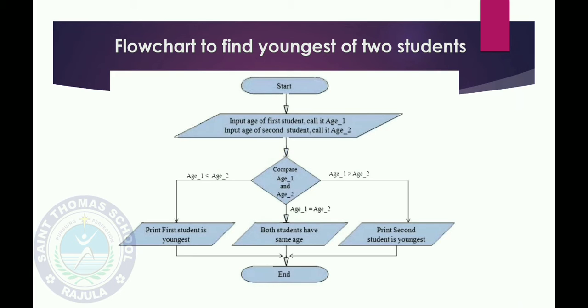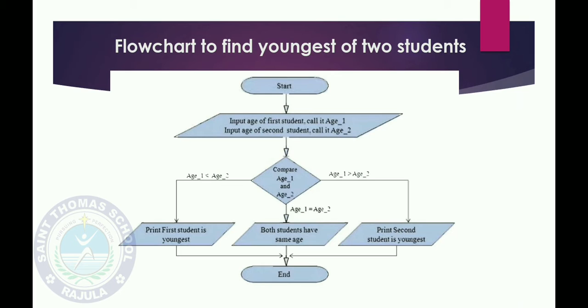Now we will see the flow chart of this. First you have to start, then you have to input two values, that is the first student age and second student age, age 1 and age 2. Now we have to do the comparison. So compare age 1 and age 2.